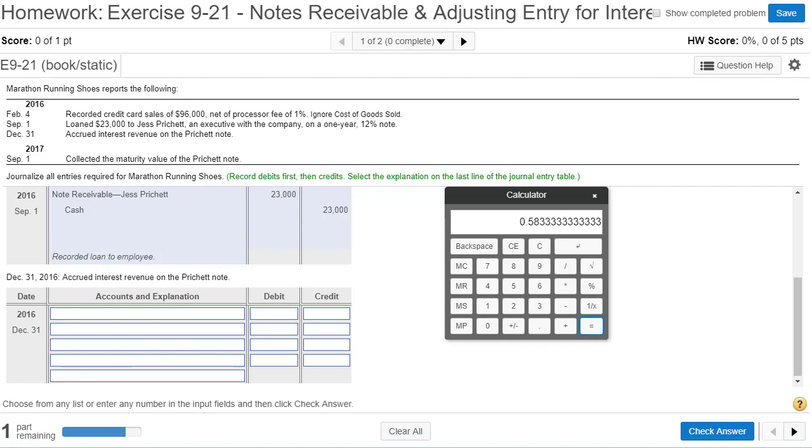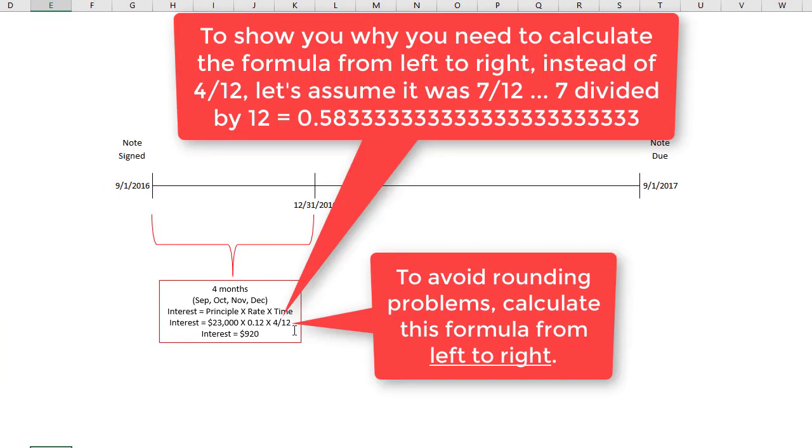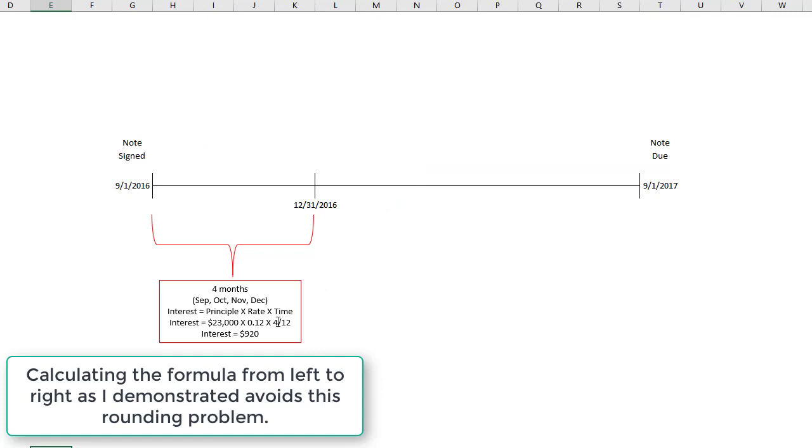So if you don't do it from left to right, in other words, if you started with it, now remember, we're pretending that this was 7 divided by 12. If we started here, 7 divided by 12, we get 0.58333333, unlimited threes. Not everyone's going to put in the same number of decimals. So when they then go and multiply it by the 0.12 and the 23,000, they will probably get a little bit different answer. However, if you just go from left to right, everyone always gets the same answer.